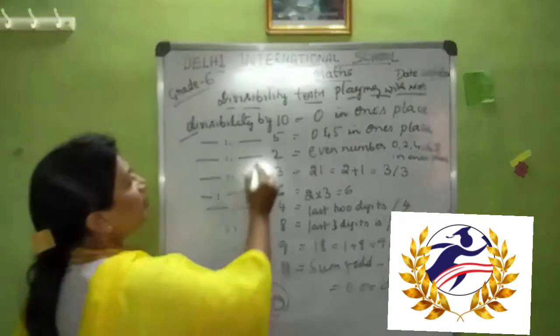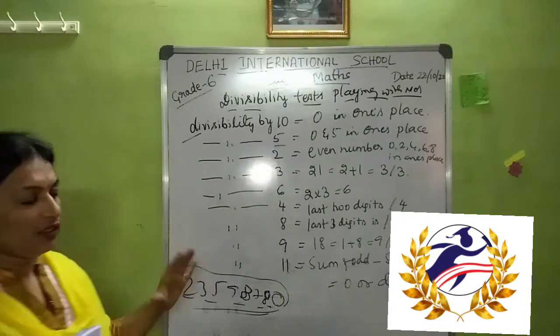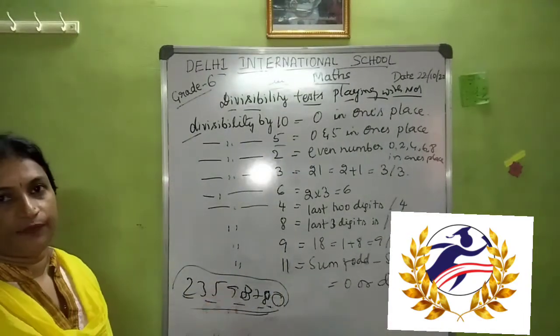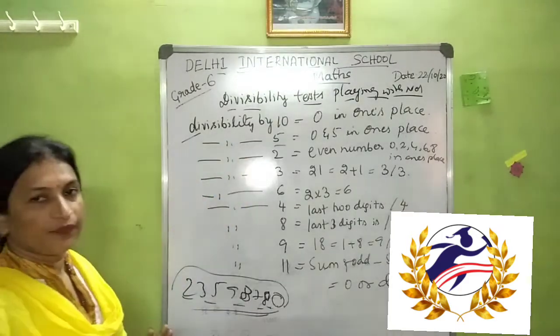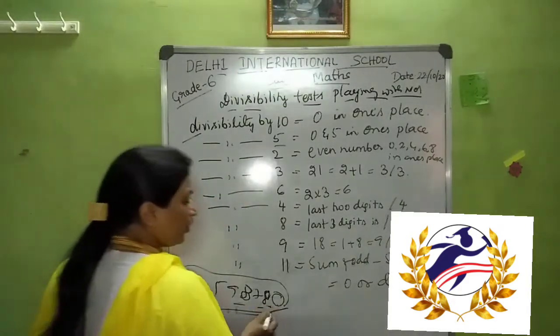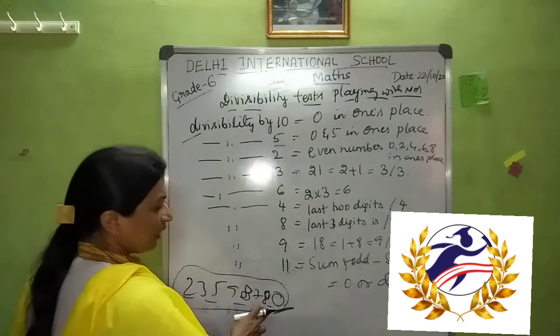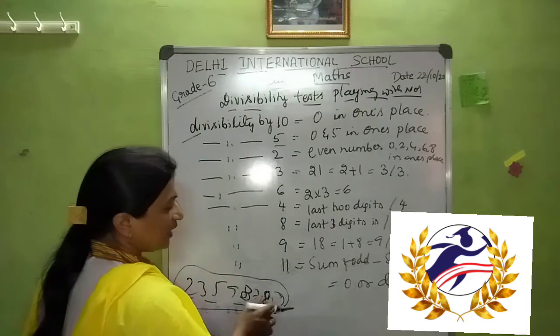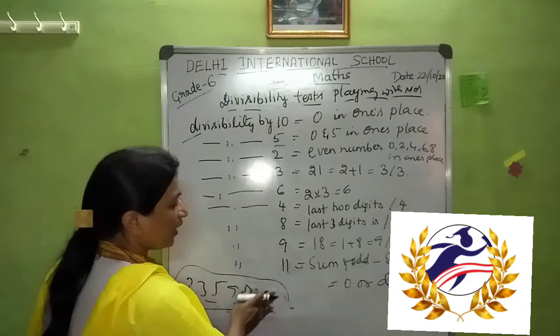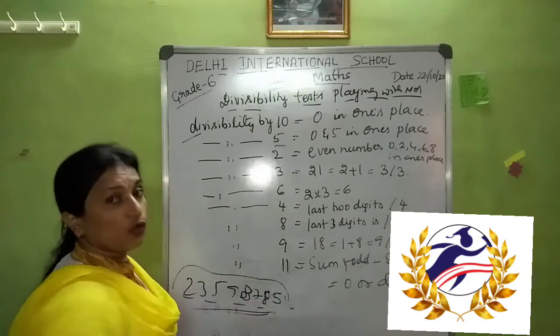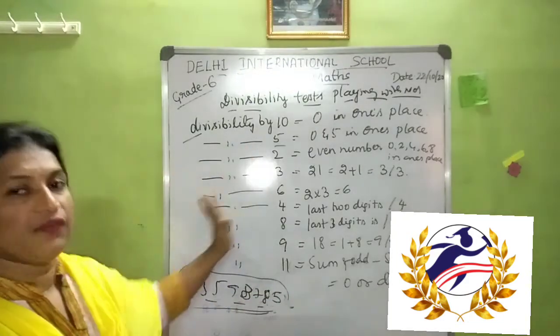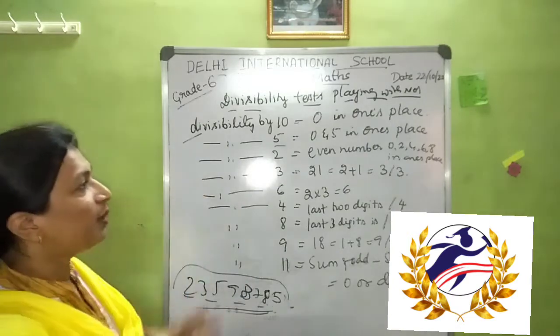Then divisibility by 5. How to check whether the number is divisible by 5? For this we should check the last digit in the ones place. If it is either 0 or 5, then it is definitely divisible by 5.